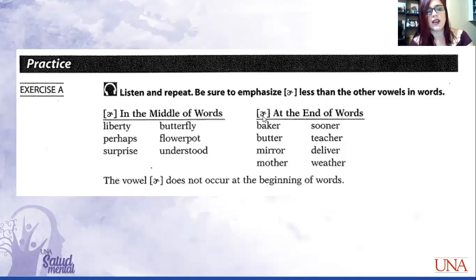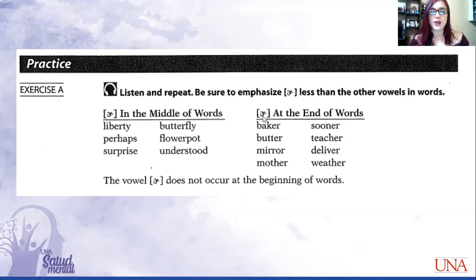syllables, okay? So in the middle of the words, we're gonna find it in words like liberty, perhaps. I really like this word because sometimes you always say maybe, maybe, but if you use perhaps, it sounds better. For me, it's like changing a little bit your linguistic corpus, your lexical variation, okay?